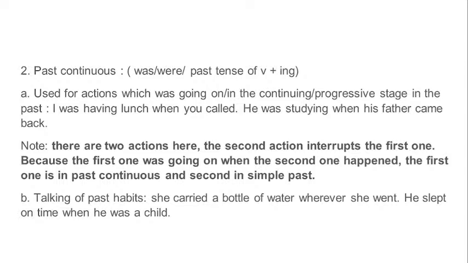The second one interrupts the first one. The first one was going on when the second one happened, and the first one is in past continuous and the second is in simple past. Okay, let me explain this clearly.